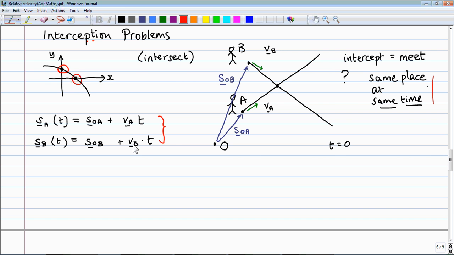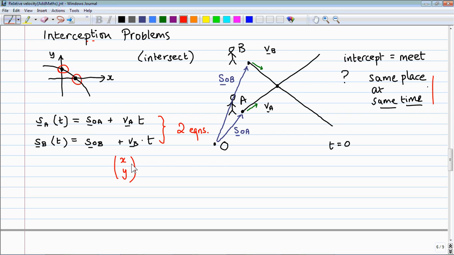For example, we might know VB but not know VA, or we might know the initial position of B but we might not know the initial position of A. And because it's two equations, it will allow us to get two pieces of information. But be careful, each vector, in 2 dimensions, a vector is like this, x, y, in column form. So it's 2 bits of information. But these 2 equations will be enough to find 2 bits of information.